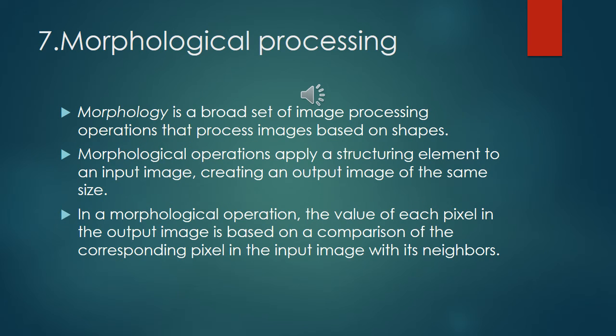Next step is morphological processing. This is an important step in digital image processing. Morphological operations are a broad set of image processing operations that process digital images based on their shapes. In a morphological operation, each image pixel is corresponding to the value of other pixels in its neighborhood.